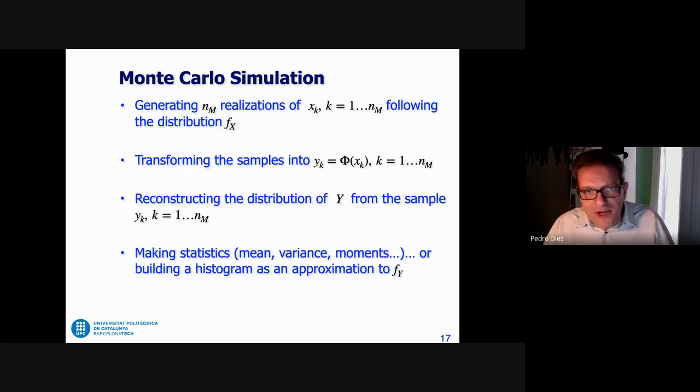So phi you don't know analytically, but you are able to apply phi to every value you want. You do that for this large set of m values, and then you have a set of values of y which follow the distribution of y, which you don't know, but you can perform statistics out of it. You can compute the variance or the mean, or you can compute a histogram, and you can approximate f of y, the PDF, as the histogram of all this data.